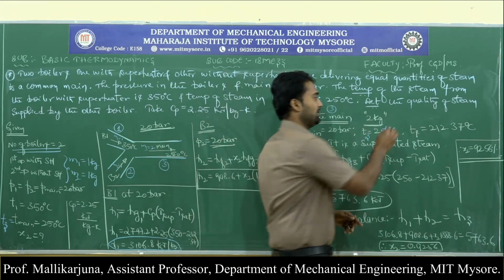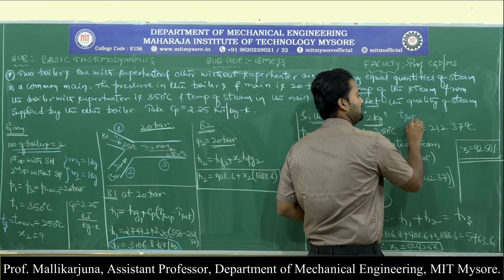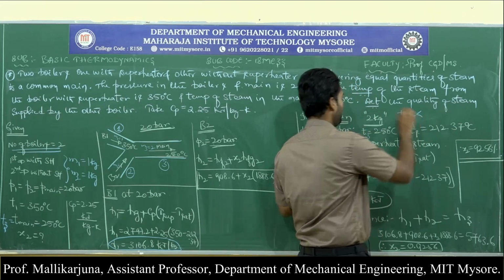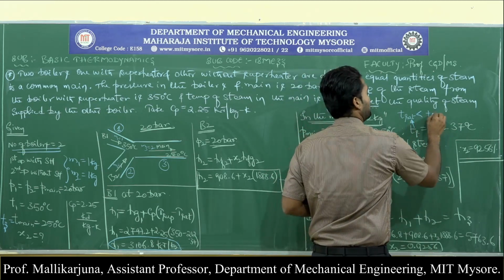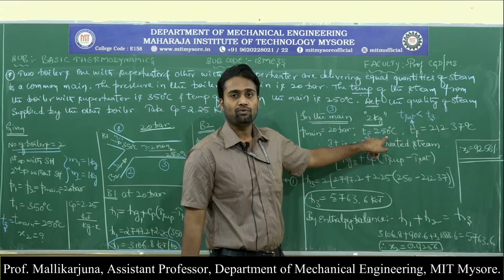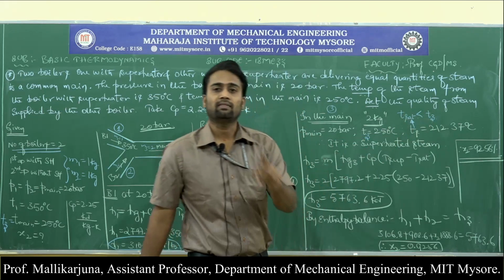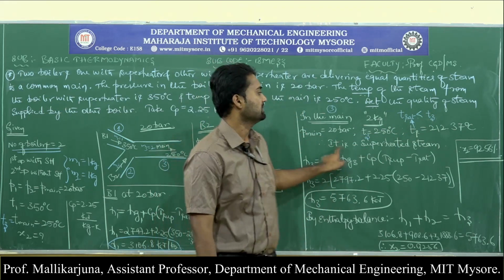That means T saturation, what is there at 20 bar, is less than T3, which is nothing but 250 degrees centigrade. T saturation is less than the mentioned temperature. Because of that, the condition of the steam is superheated steam.